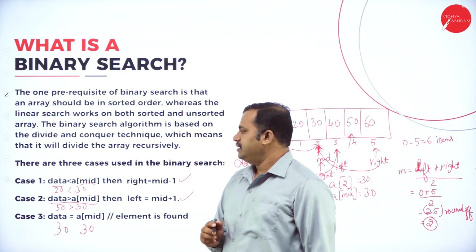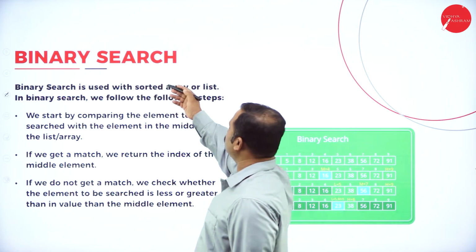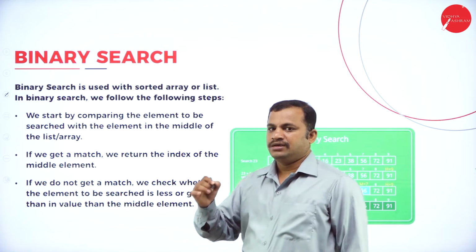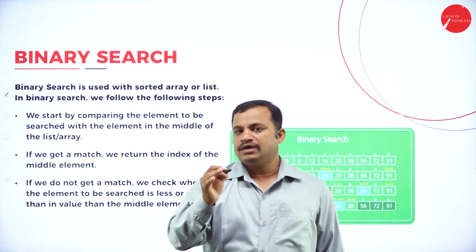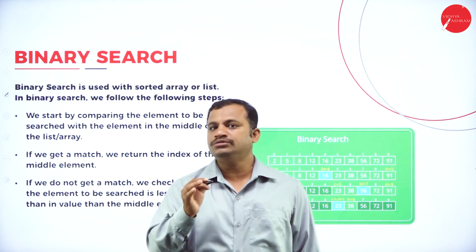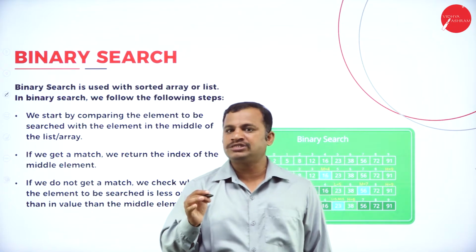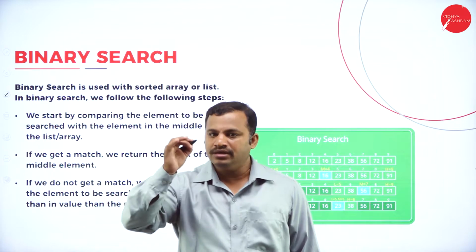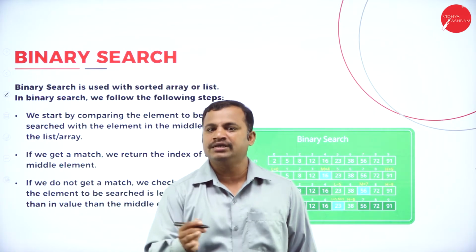Moving forward, you will see that binary search is used with a sorted array or list. That is, it applies only to a sorted array. As I have already told you, a sorted array is one in which the elements are in increasing order or in decreasing order.